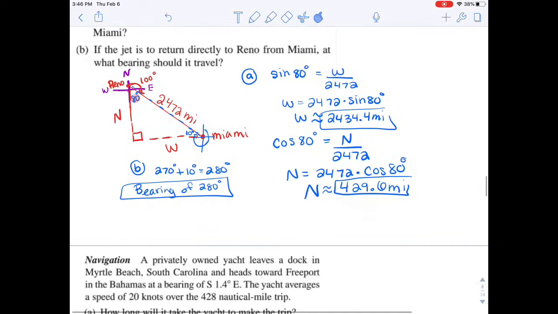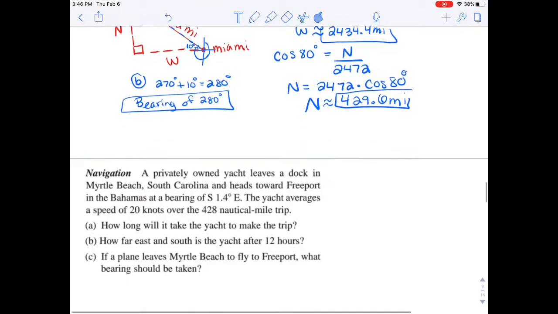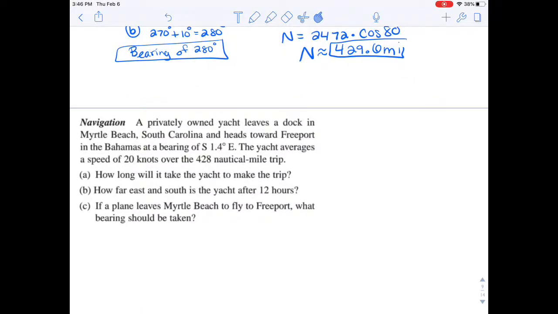All right, so if I look at this next one, it says a privately owned yacht leaves a dock in Myrtle Beach, South Carolina, and heads towards Freeport in the Bahamas at a bearing of south 1.4 degrees east. So 1.4 degrees east of south.